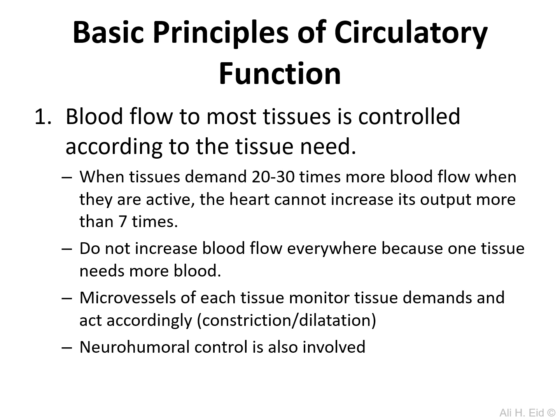There are three basic principles of the circulatory function that will help us understand many lectures to come. Number one, the blood flow to most tissues is controlled according to the tissue need. We mentioned that during development, a metabolically active tissue is going to secrete molecules to allow for more vascularization in its vicinity, and we explained why that would be important physiologically.